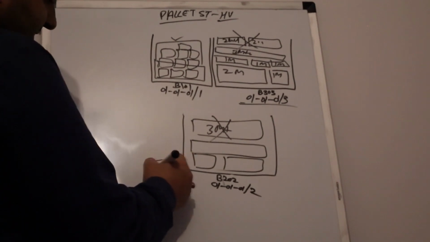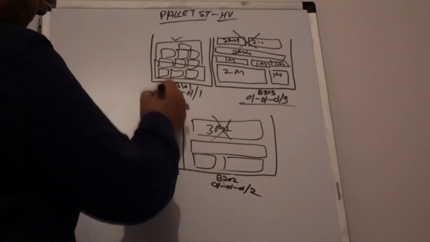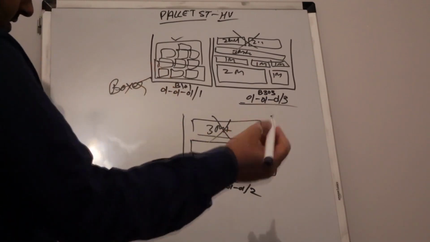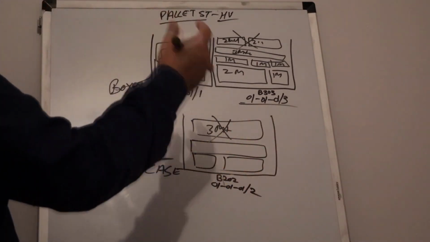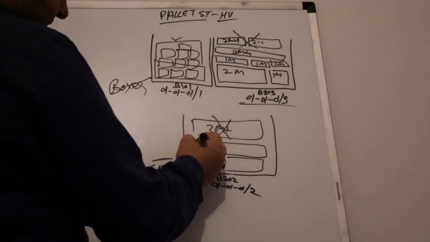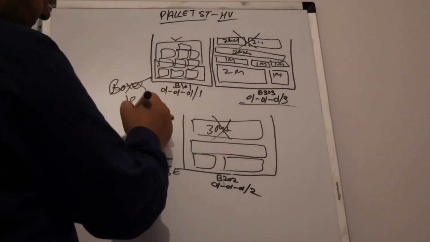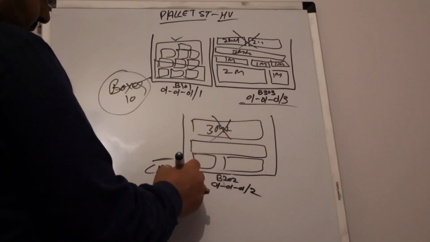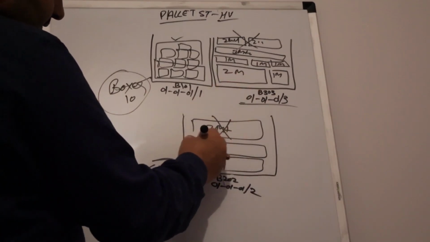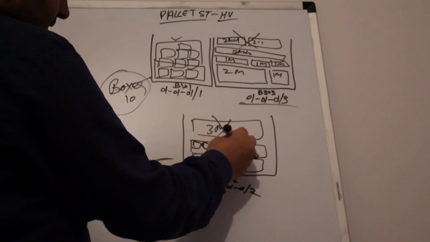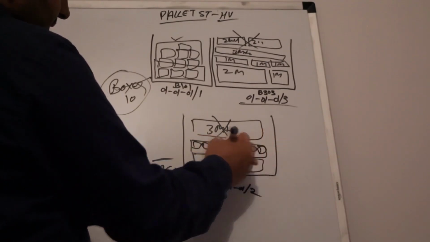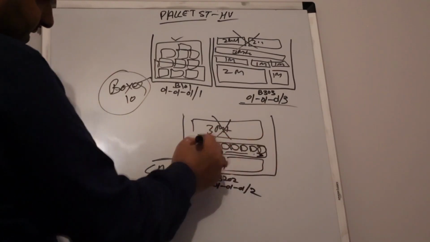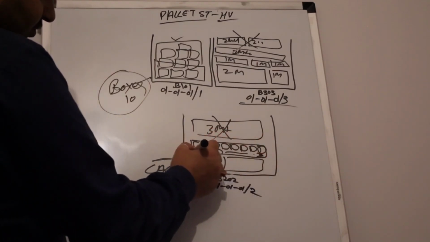Here I will put the cases, here I will put the boxes. Okay, so cases, for an example, because bin size depends, 20 cases. Okay, here I will put the 10 boxes, here I will put the 20 cases. How? Into 20. So you can consider this is nothing but a HU. Okay, full HU. This is 1.